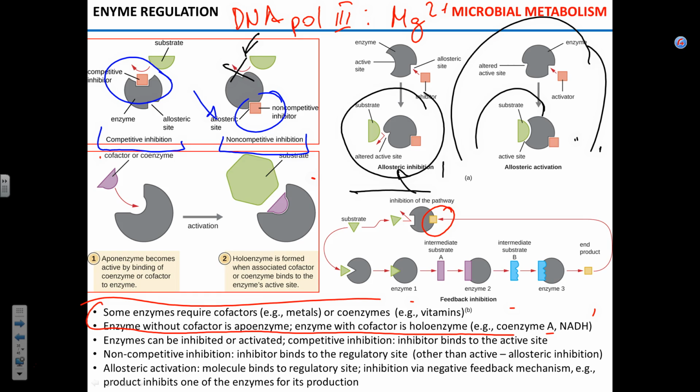So this is the substrate right here, which is converted to some sort of an intermediate in direction 1 by the enzyme number 1. Then enzyme number 2 converts this intermediate A into the intermediate B. And intermediate B is converted by the enzyme number 3 into the end product.